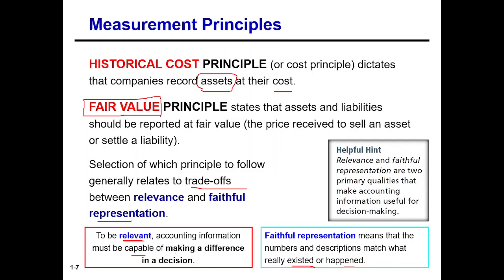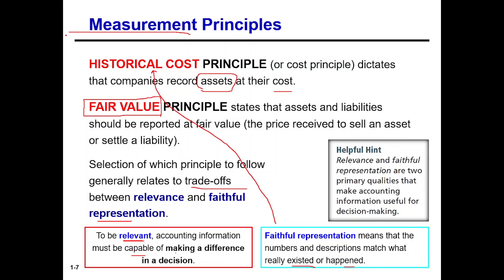In this case, I will be more oriented toward historical cost. So the general rule in accounting, in historical cost or fair value principle, is to determine the value of the asset.